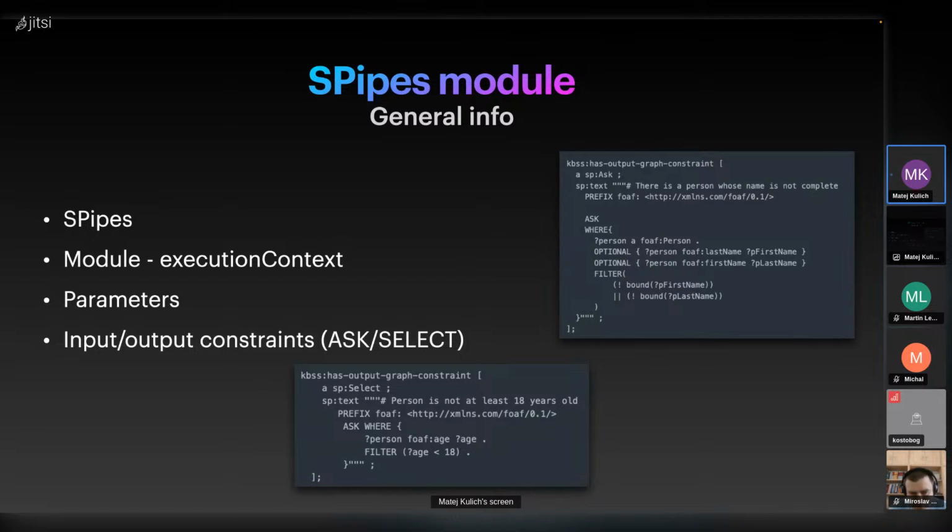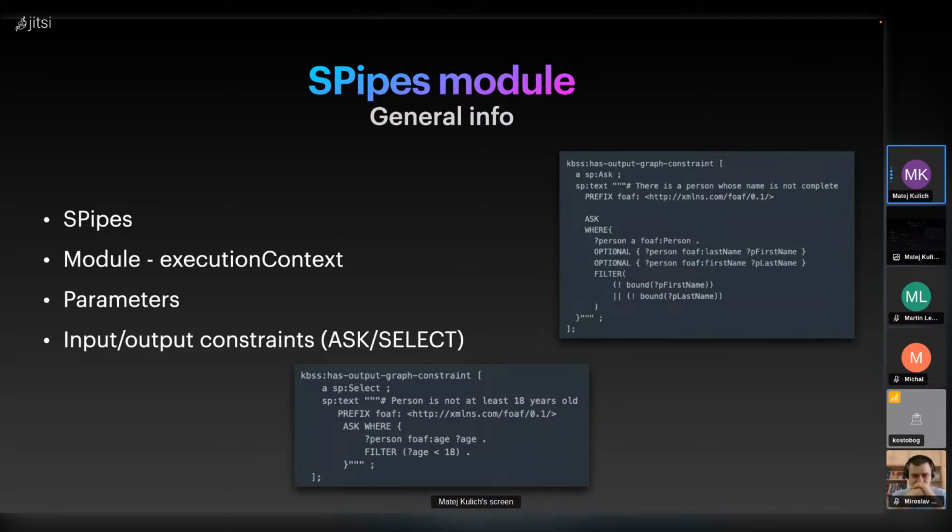They are usually implemented in Java, but executions of modules are parameterized within RDF. Each module has to have a unique type URI, and it consists of execution context. It is important to mention that S-Pipes uses the Jena framework for RDF data manipulation.